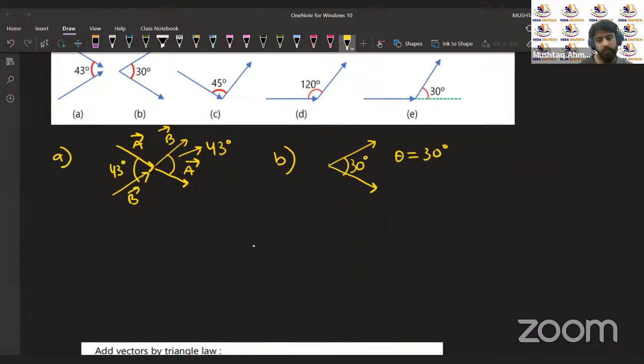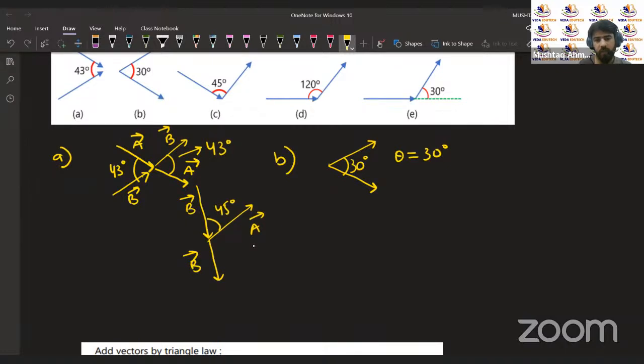The third case is like this, and the two vectors are approaching like this. This is the 45 degree. So what we can do is shift this vector. Let me call this vector A, vector B. If I shift this vector B parallel to itself, it will be shifted like this.